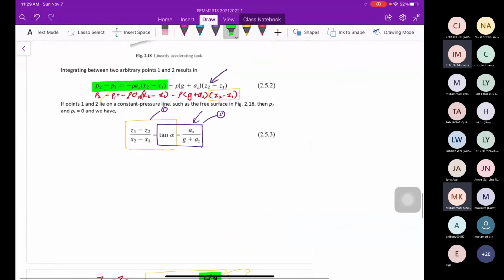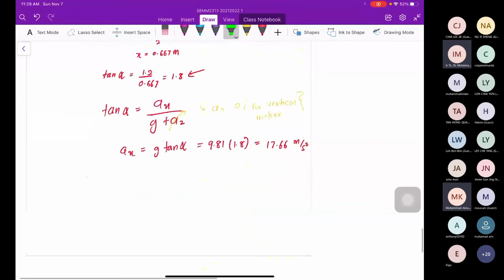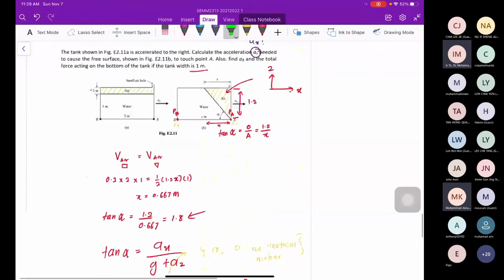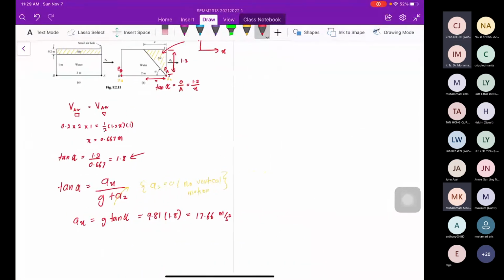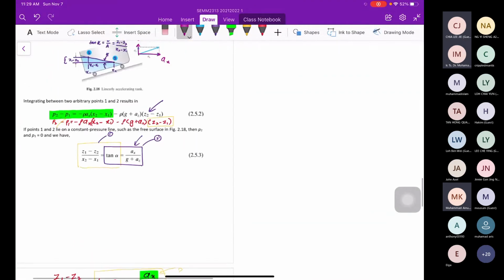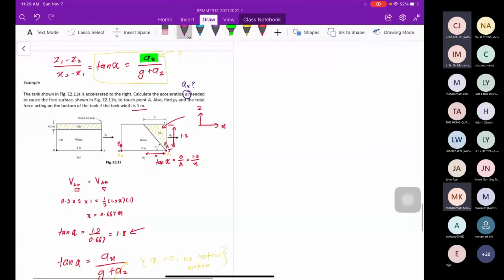P2 minus P1. This one uses 1 and 2, so why don't you replace with B and A. I try to write it down.